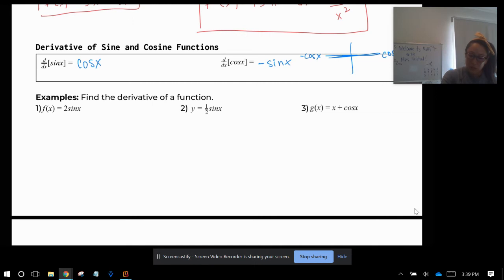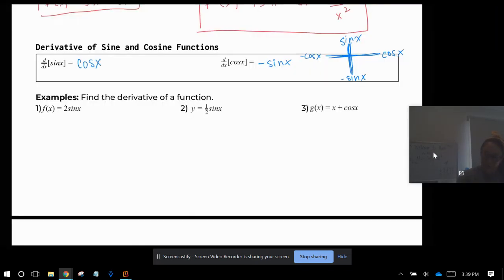On the y is defined by sine x, and then on the lower axis, the negative y-axis, sine is negative. That's kind of how I remember where those go.